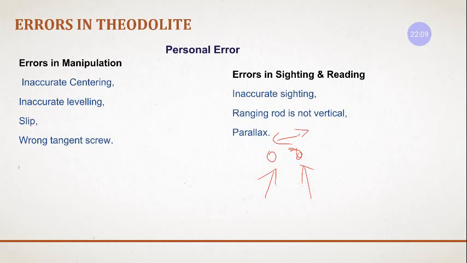When you move the eye up and down through the eyepiece while observing the readings, the crosshair is not properly visible and seems to move, right? That has to be removed. How that is removed, we have told in the arrangement or the temporary adjustments.